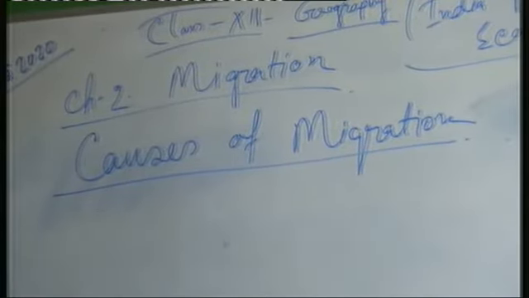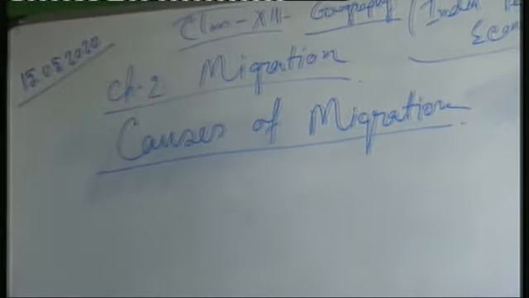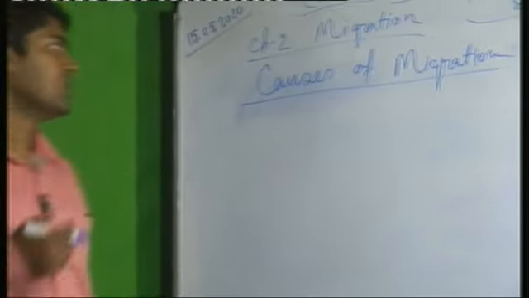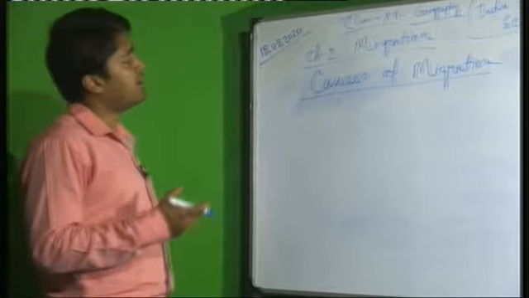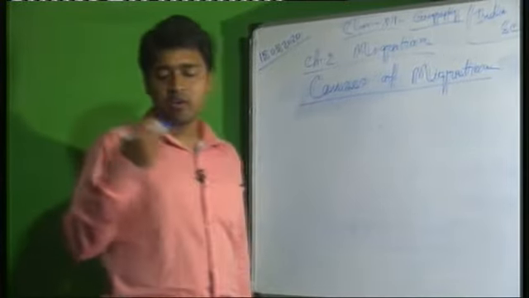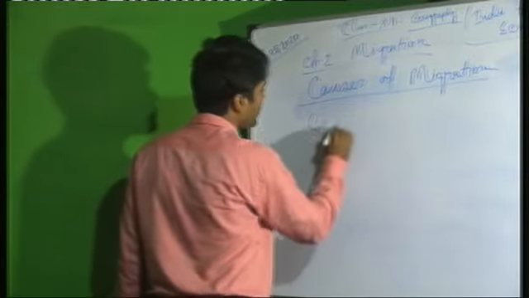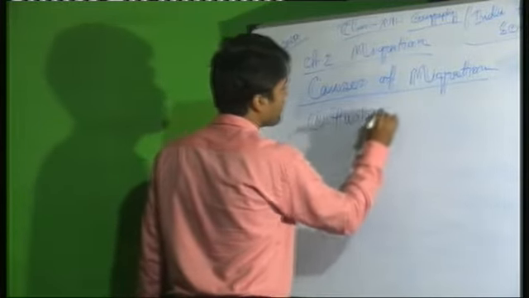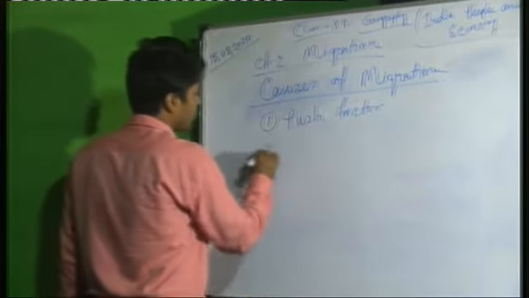Last class, when I discussed from the Human Geography Fundamentals book India's population distribution, density and growth, I already told two factors. So all over India, migration takes place, and two factors are applicable. Number one is push factor. Number two is pull factor.